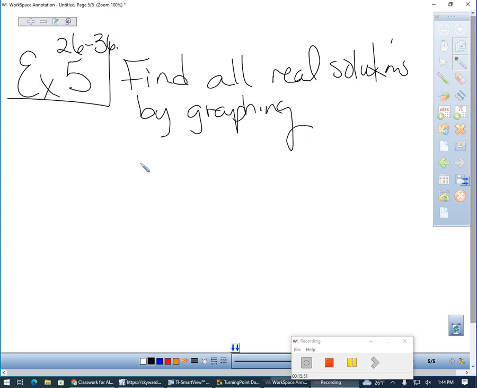So let's start with, let's say I have, let's go with x to the 3rd plus 3x squared plus 2x equals 0. So you're going to grab your graphing calculator. Put this in y equals.